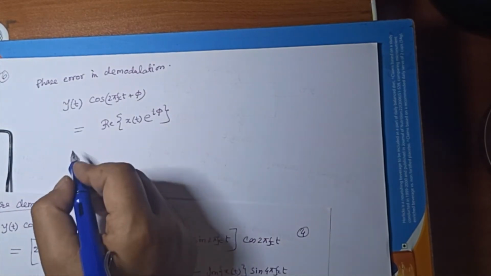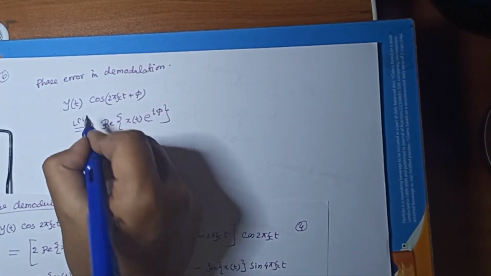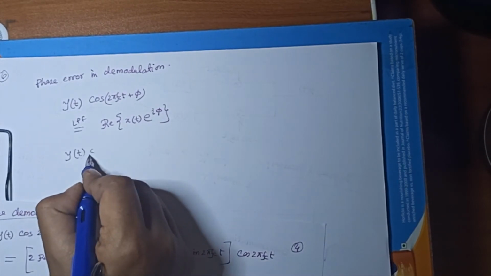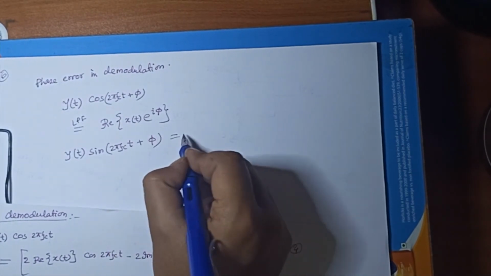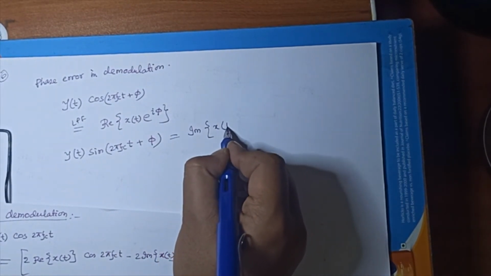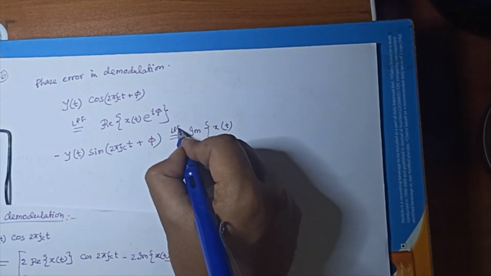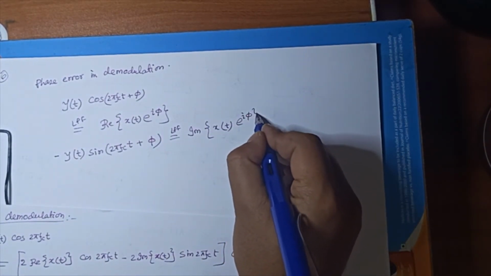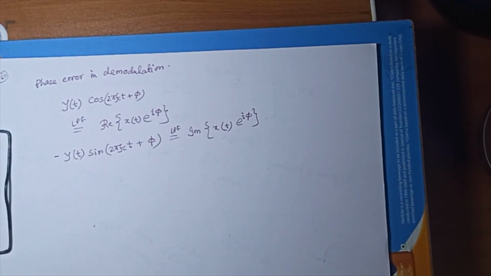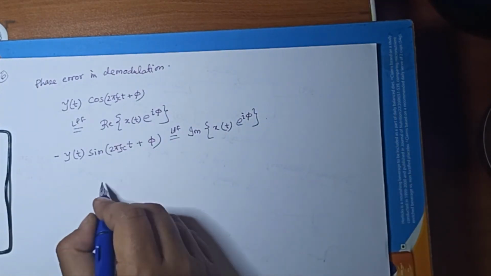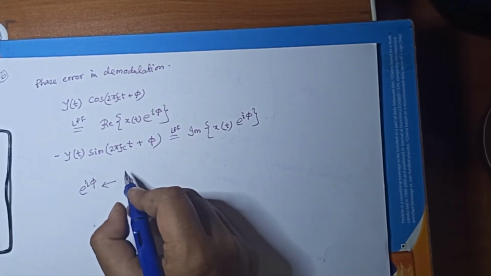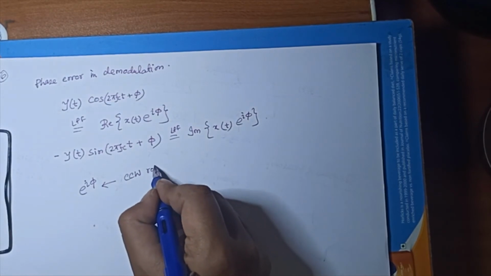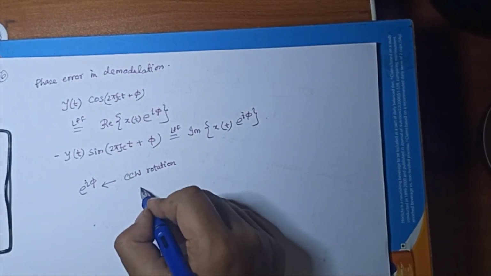Similarly, after low pass filtering, y(t) sin(2 pi fct plus phi) will equal the imaginary of x(t), with a minus, through the LPF, e to the power j phi. So what is e to the power j phi? It is a counterclockwise rotation of phi on the unit circle, around the origin.